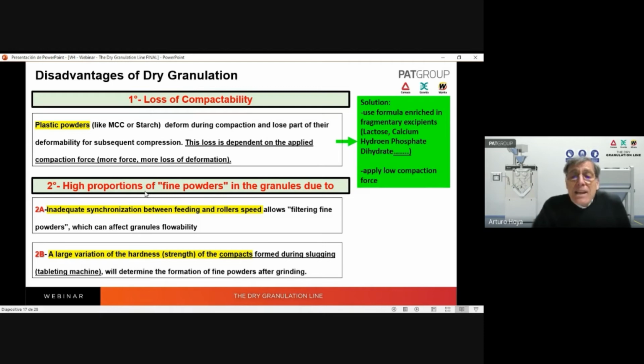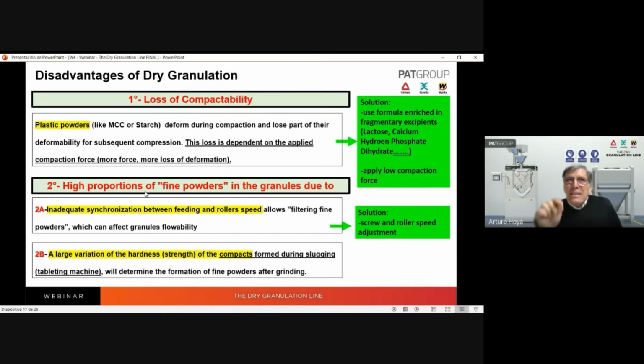In this case, the solution is to adjust the screw and roller speed. This is a very, very empirical question because you have to move the screw velocity and the roller speed, and look if the fines filter across the roller gap.